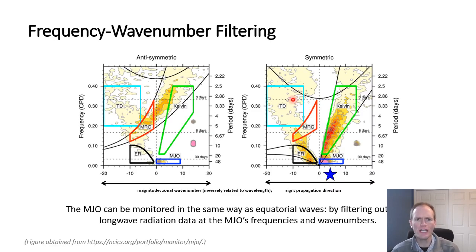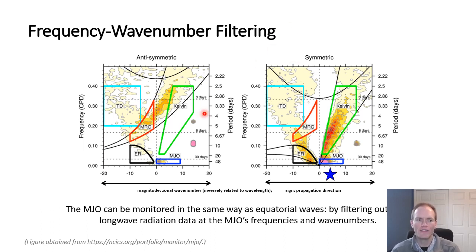So when we introduced equatorial waves and discussed how we can monitor those, we talked about how they each had distinct signals, distinct power or amplitude at certain frequencies describing their return period, as well as certain wave numbers describing their horizontal scale, as well as their direction of propagation.